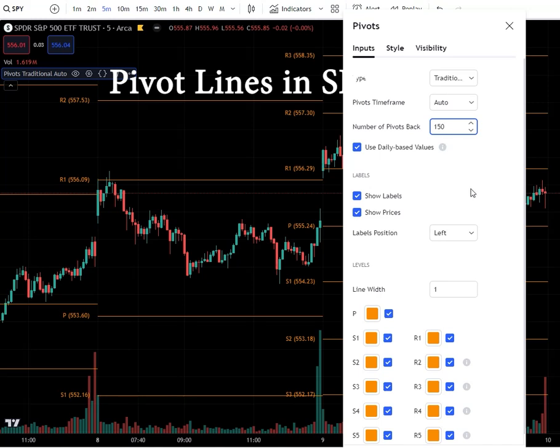Don't change the type. The traditional is the main one, and most of the programs for trading actually use the traditional values and not the other ones, like Fibonacci or classic or whatever.